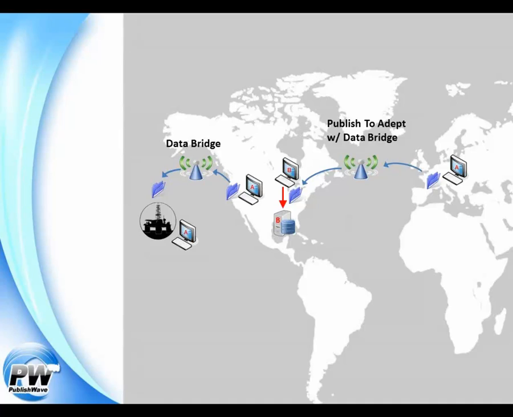So now they're transferring from one location to the other, and now their Adept users have the benefit of searching and browsing in their own Adept implementation. So those are just thoughts on how Data Bridge can be used in different ways, again, in those situations that are critical for network connectivity, or lack thereof, I guess is a better way to put it.